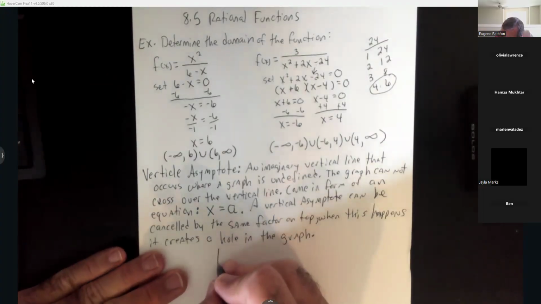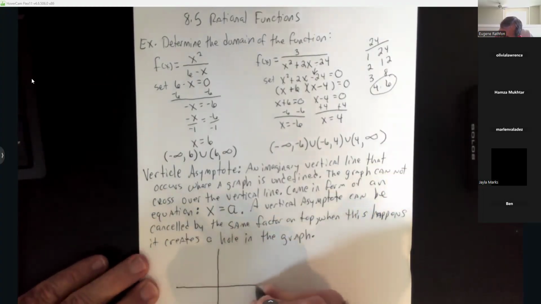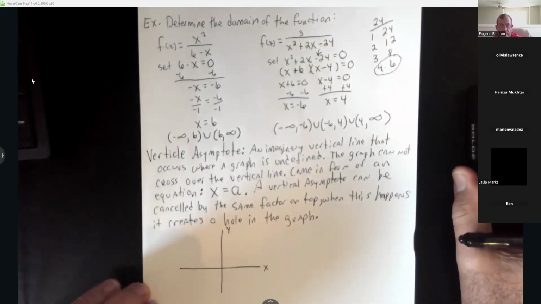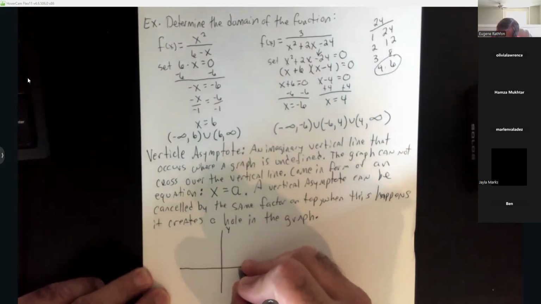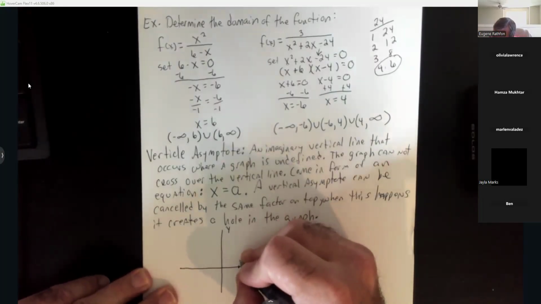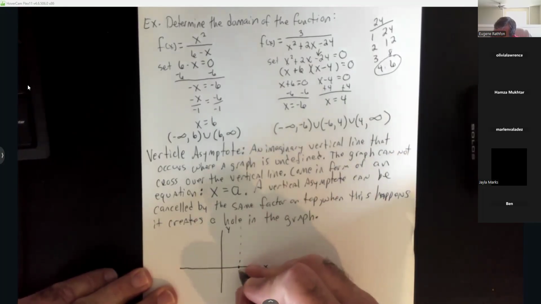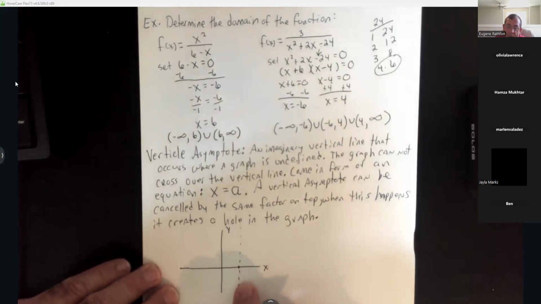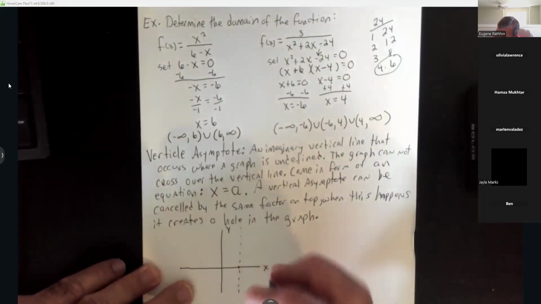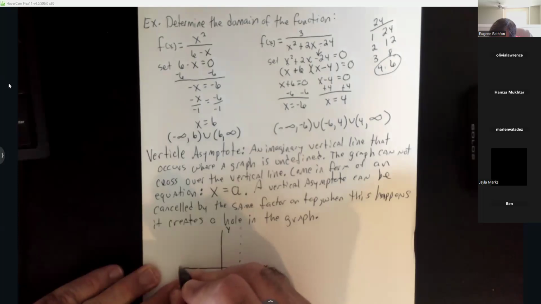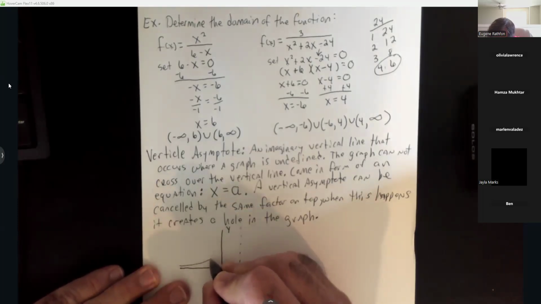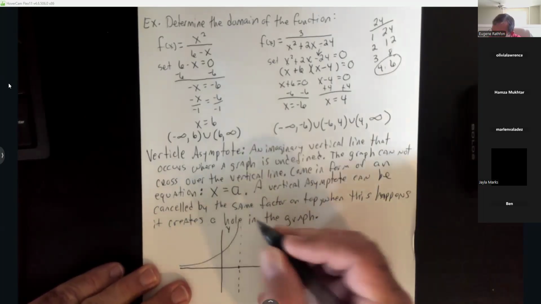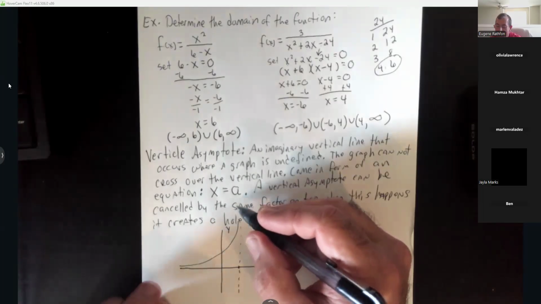So, y'all, what I'm talking about here, say here's a graph. Say my graph was undefined at this point and it made a vertical asymptote there. Remember, this is an imaginary line. You're not going to see this in your calculator when you graph it. But on an asymptote, what will happen? Your graph will come along, and when it approaches this vertical asymptote, one side of the graph is going to head towards positive infinity.